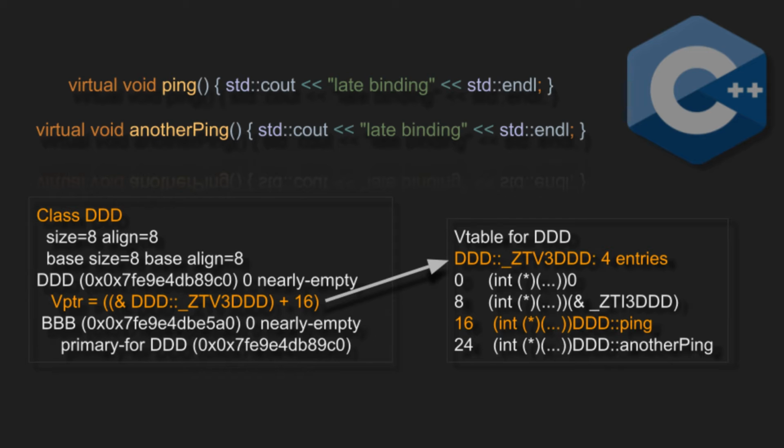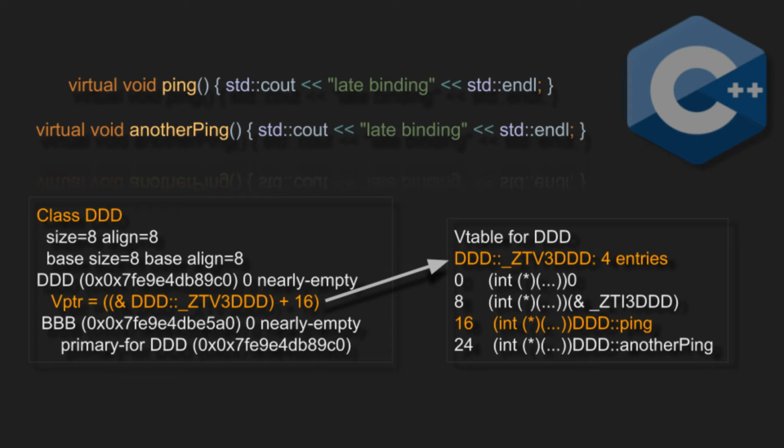So if we have 10 such classes which have virtual functions, at least one for each, then we will have 10 different virtual tables, each separate for the separate classes.